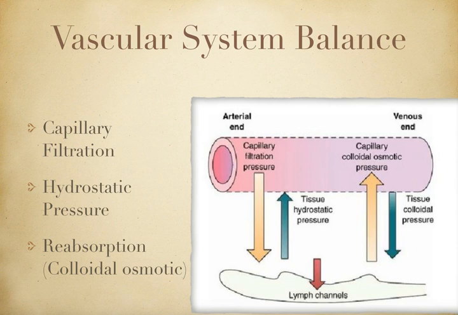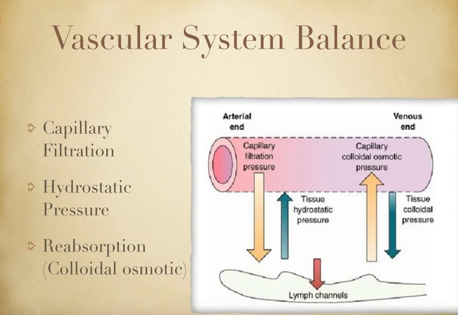Then we've got hydrostatic pressure, and that's the blood pushing. The blood pressure is greater inside the capillary wall. If there's greater pressure than in the surrounding fluids, fluid leaves the capillaries. If there's less pressure than in the surrounding fluids, fluid enters the capillaries.